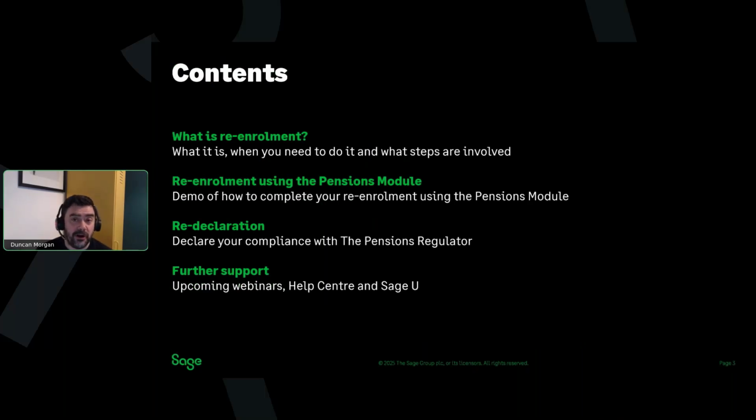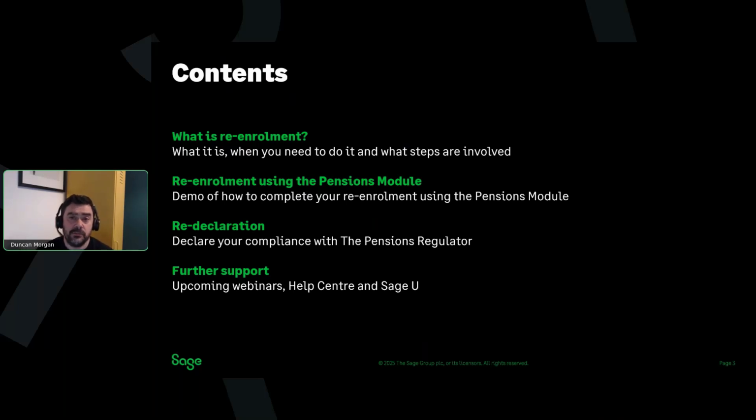Let's now take a look at what we'll cover in the webinar. So we'll start with an introduction to the re-enrolment duties, explaining what they are, when you need to do it, and what steps are involved. We're then going to give you a demonstration of re-enrolment using the pensions module, and we'll show you how by running a pension assessment, it will identify and re-enroll the appropriate staff.